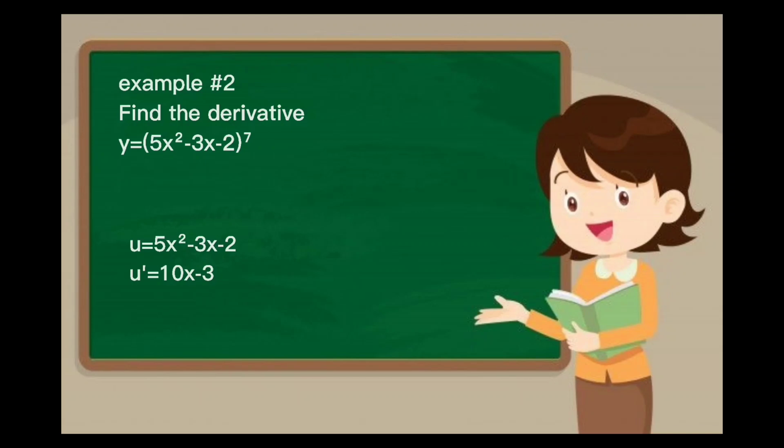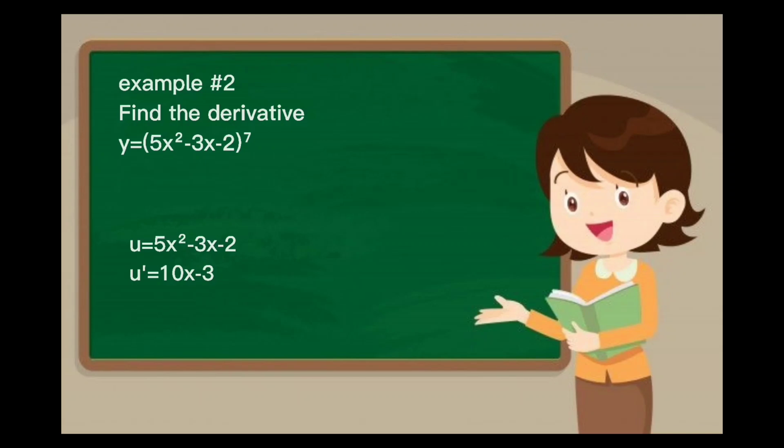To get u prime: the derivative of 5x squared is 5 times the derivative of x squared, and using the power rule, that is 2x. So it is 5 times 2x. Then the derivative of negative 3x is negative 3, and the derivative of a constant is 0. So our u prime is 5 times 2x, that is 10x, minus 3.